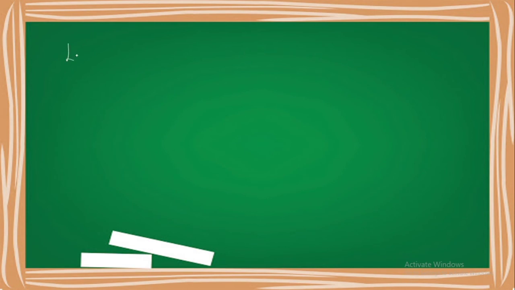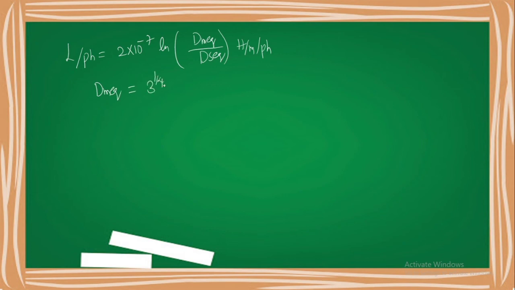So now L per phase is equal to 2 into 10 power minus 7 into ln of DM equivalent by DS equivalent Henry per meter per phase. Now what is DM equivalent? We got DM equivalent as 3 power 1 by 4 times D, and DS equivalent as 2 power 1 by 2, D power 1 by 2, R dash power 1 by 2, right?